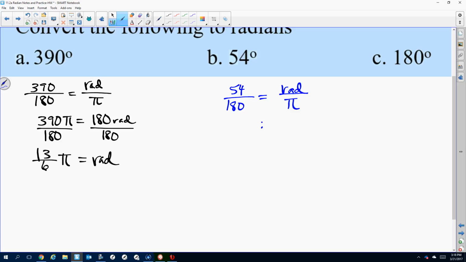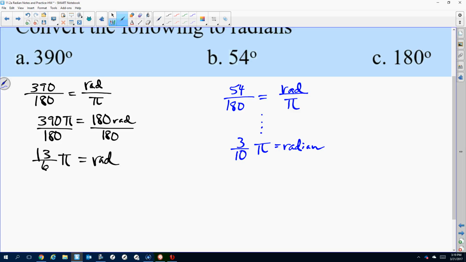Okay, so this comes out to be 3 over 10. That's the answer? We're missing something. Yeah, equals your radians. So 3/10 pi radians is the same as 54 degrees.